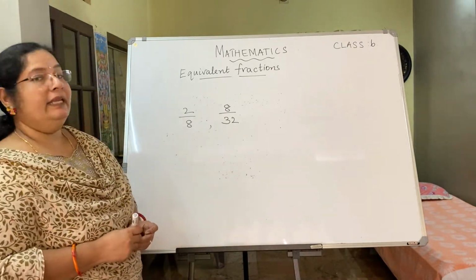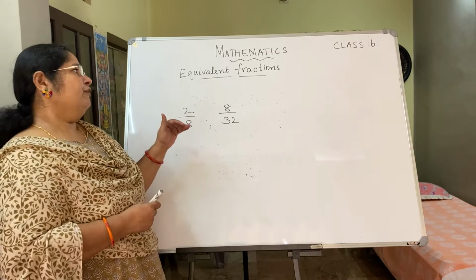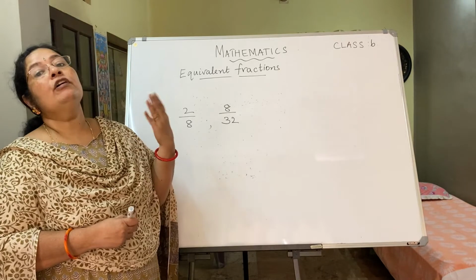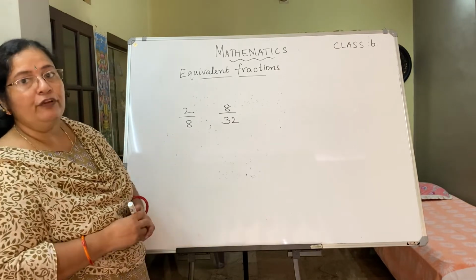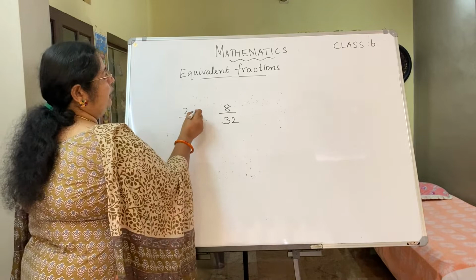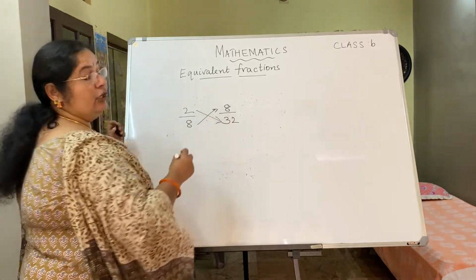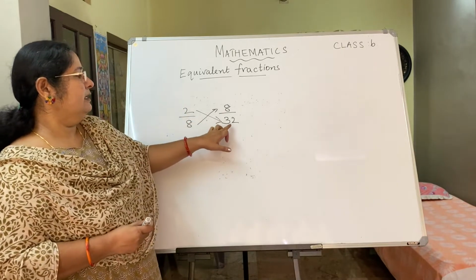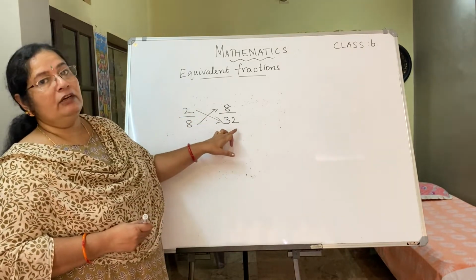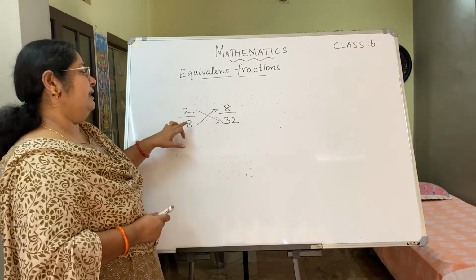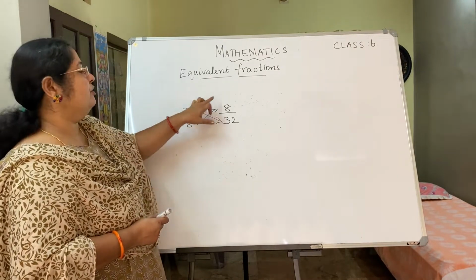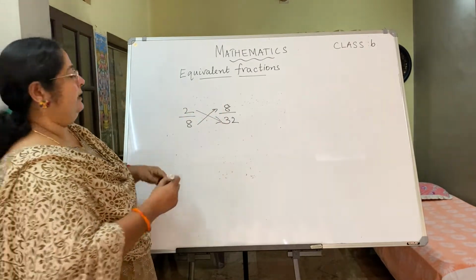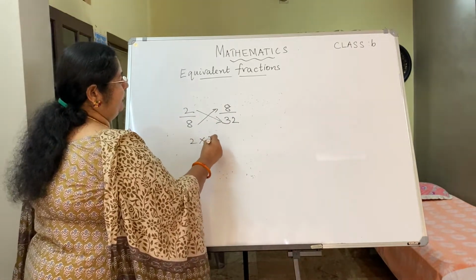Now, for that, you will cross multiply. Cross multiplying means multiply the numerator of the first fraction with the denominator of the second fraction, then the denominator of the first fraction with the numerator of the second fraction.